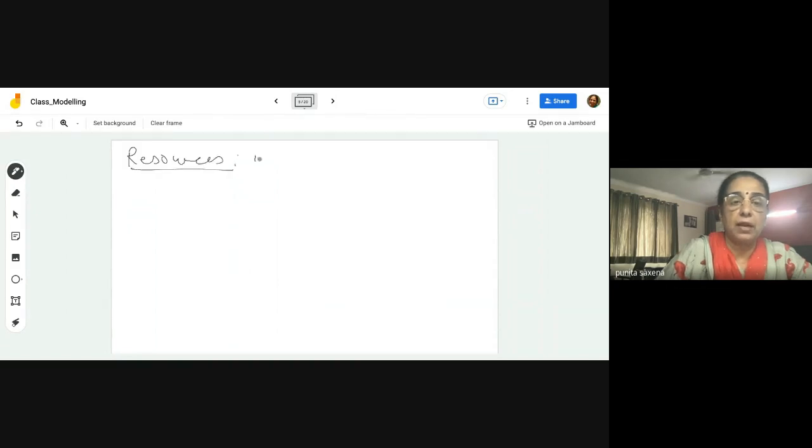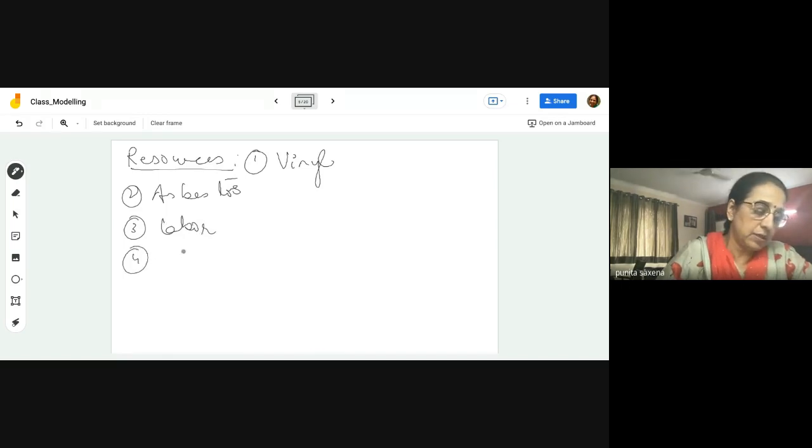There are four in number: first vinyl, second asbestos, third labor, the manpower, and fourth the time on a trimming machine. These are the resources that are going to be used to produce those three products.